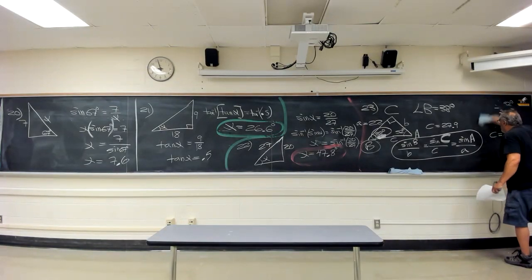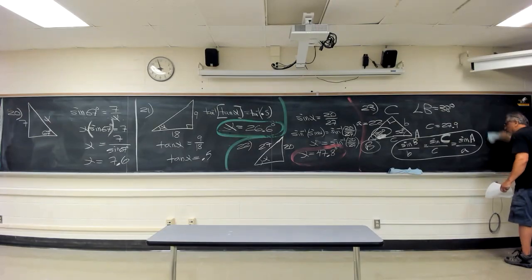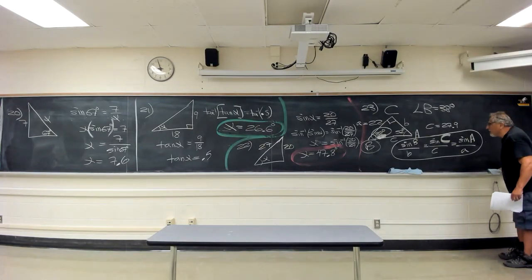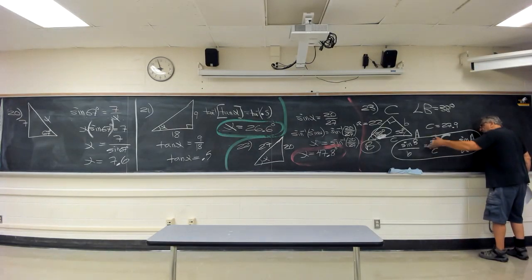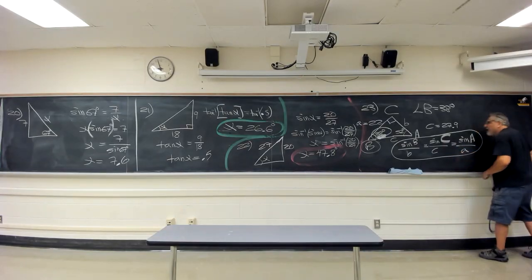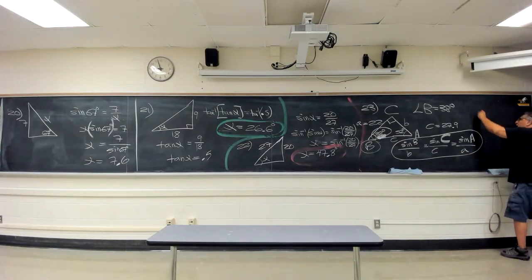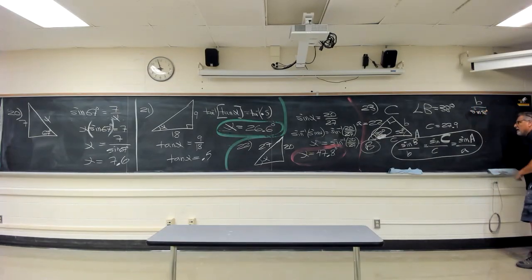I just found C. And again, you can write them like this, or if all these are equal, all the reciprocals are equal for our purposes. So let's go b over the sine of big B, and big B is 38 degrees.